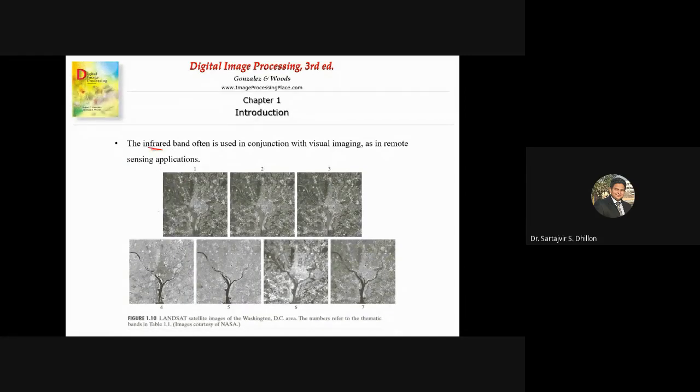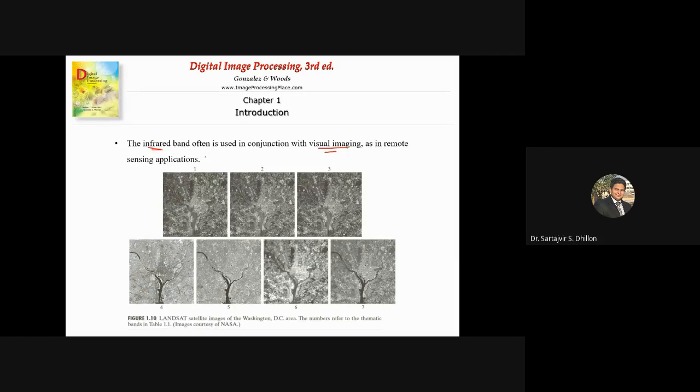Please note that in remote sensing images a lot of bands exist, and the infrared band is used in conjunction with the visible bands or imaging in remote sensing applications.